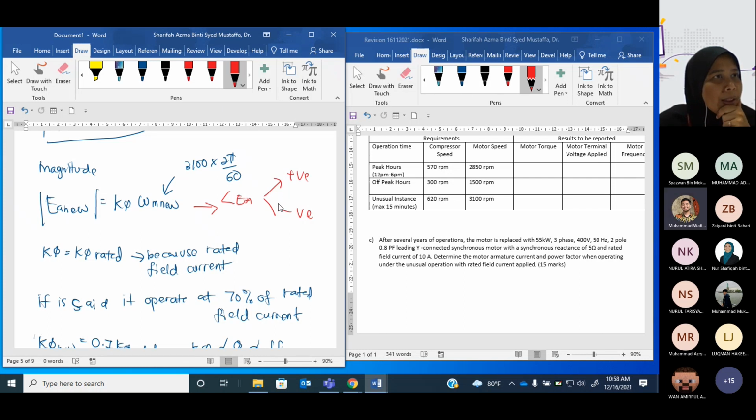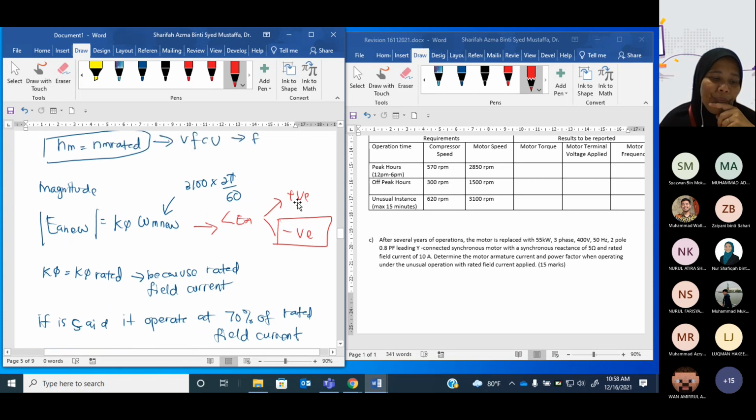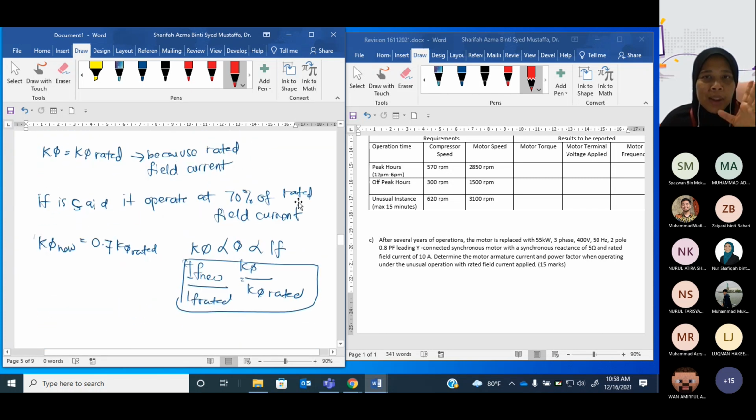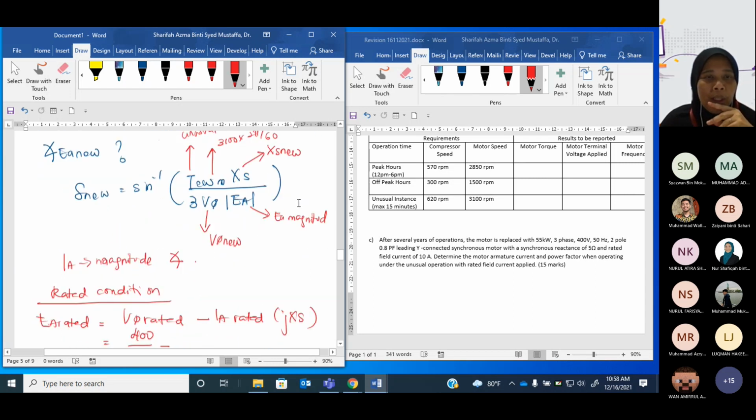Negative. For synchronous motor, it's a negative angle because kita assume dia in motoring mode. Kita tak buat in generating mode, ya. Alright, I think that's all for this question. It covers question 2 for induction and synchronous motor.